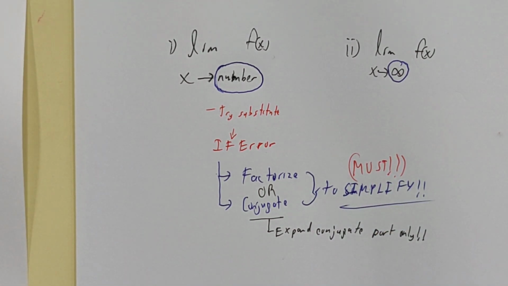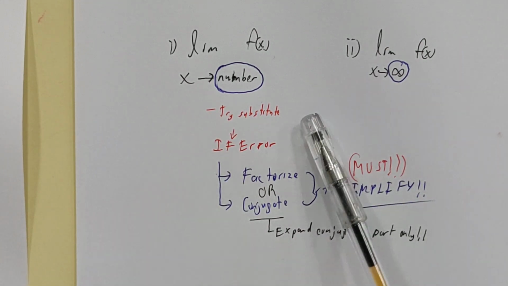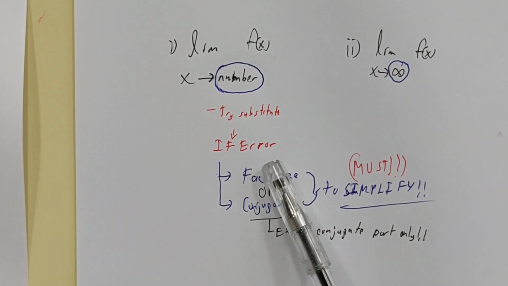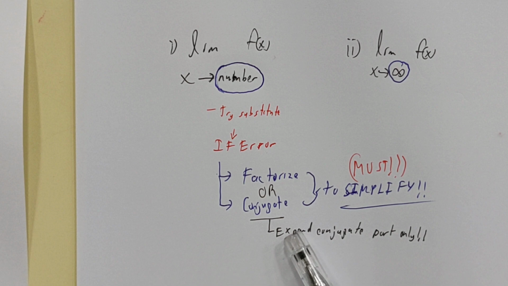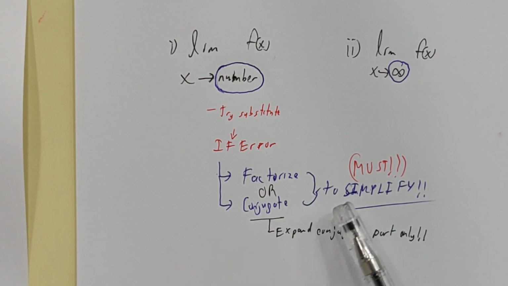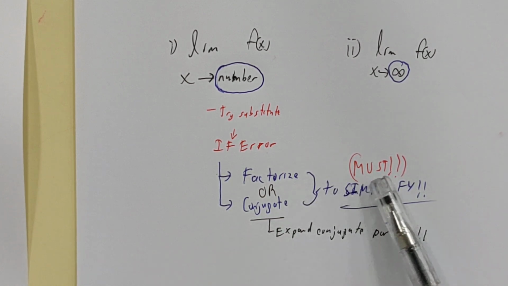Let's repeat them again. For x approaching a number, what should you do? Expand the conjugate part only. Why do we factorize or conjugate? Simplify is a must.